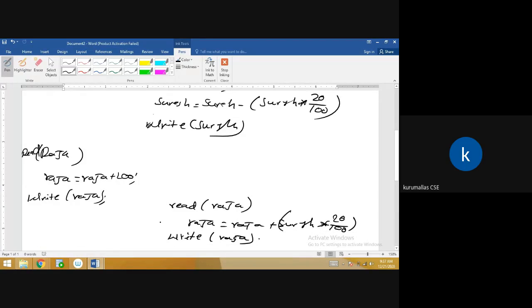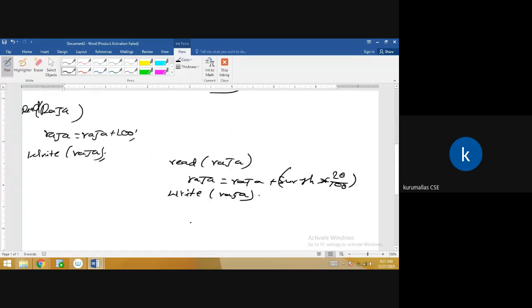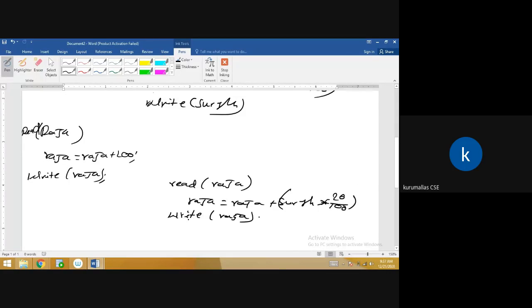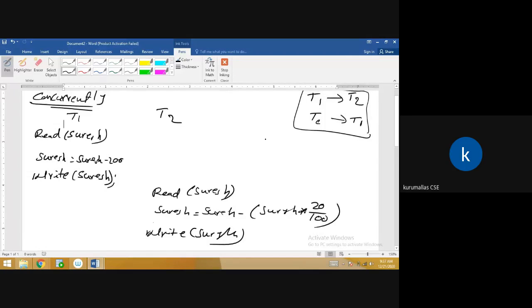Can you answer what is the final amount of Suresh account and Raja account? The initial amounts are: Suresh account is 1000 rupees and Raja account is 1500 rupees.